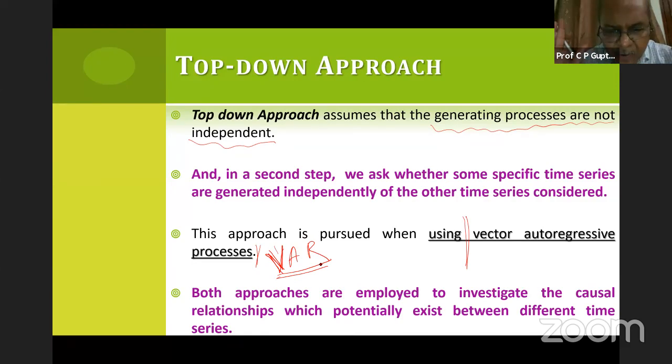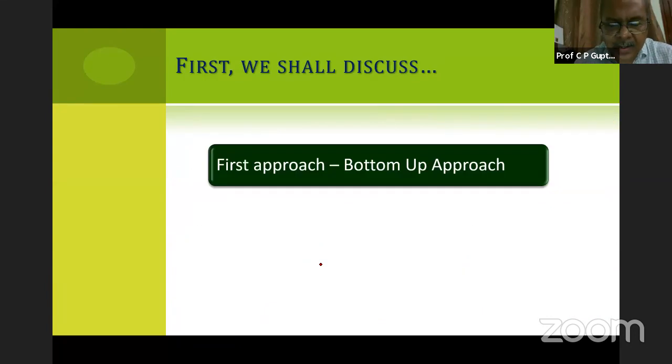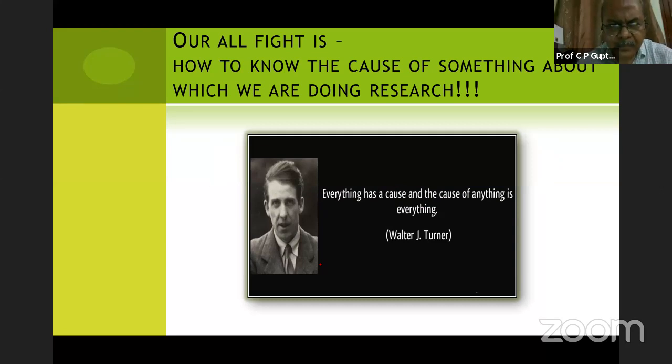So friends, I hope you are able to appreciate the way you can proceed further for determining cause and effect relationship between series. So first, we go for the bottom-up approach. Our whole fight is how to know the cause of something about which you are going to do research. And we have a very famous quote that says, everything has a cause, and the cause of anything is everything.